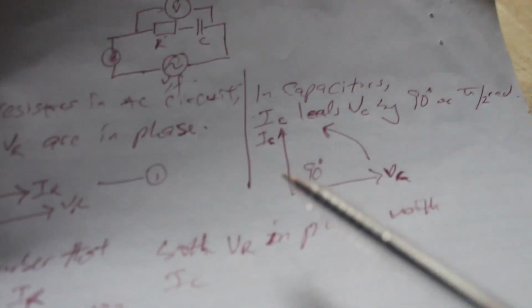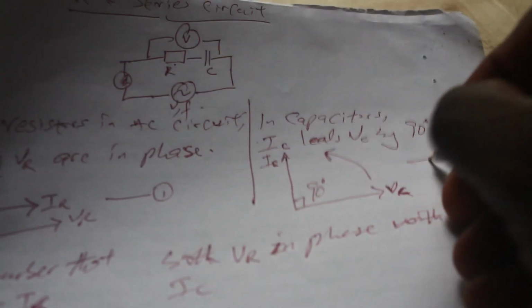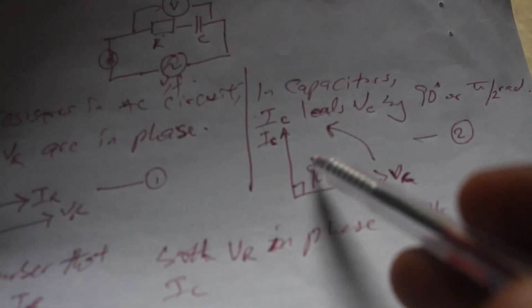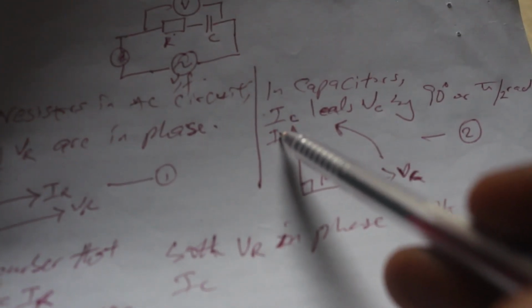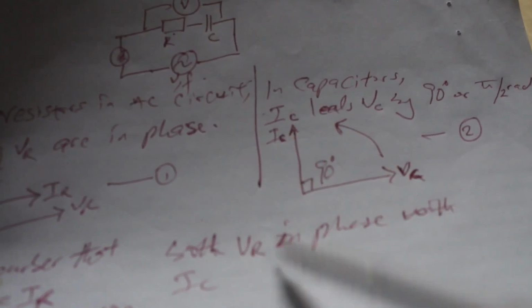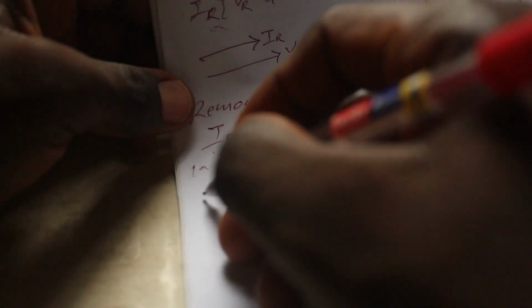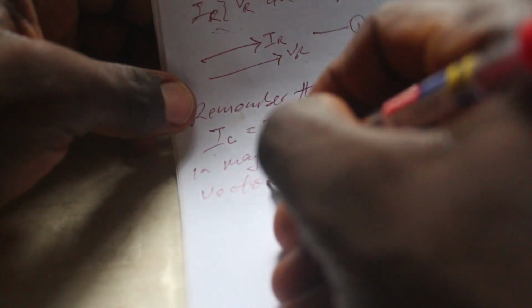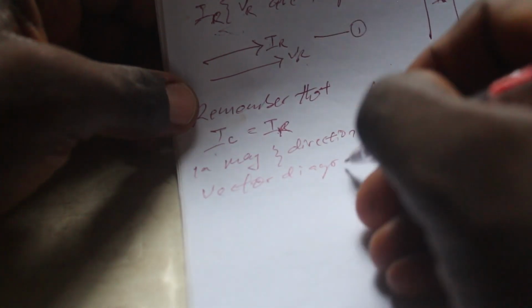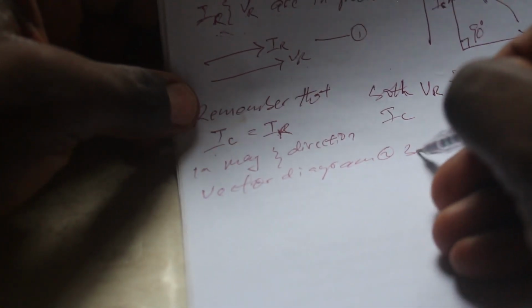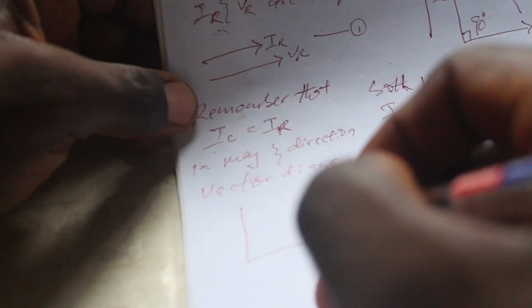IC will be in phase with VR, and that means in this second vector diagram here, we can remove this vector IC and put VR inside. So the vector diagram 2 now looks something like this.